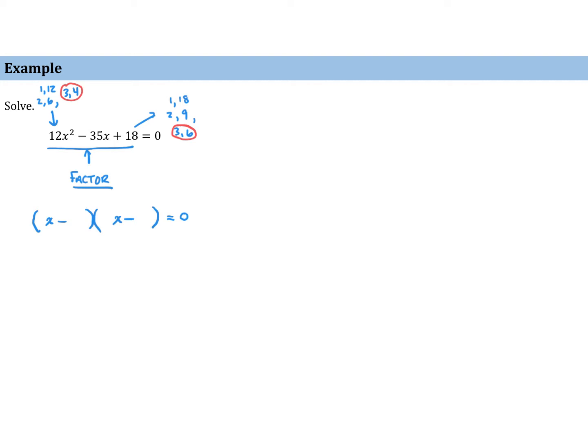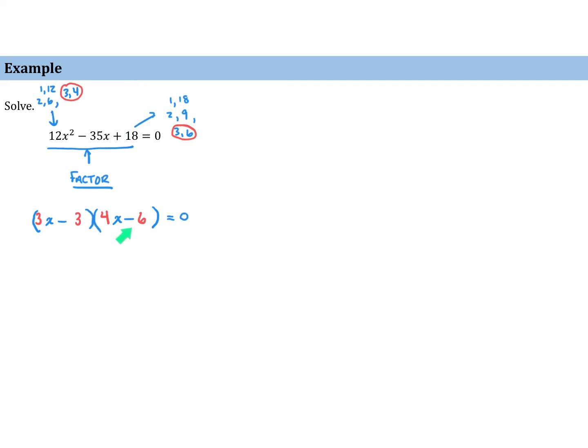So if we try 3 and 4 to factor the 12, and then we try 3 and 6, I can automatically know that this factor grouping will not work. If we try the 3 and the 6 there, I know it will not work. I don't even have to check, because the 3 and the 3 share a common factor, and there was no common factor here.